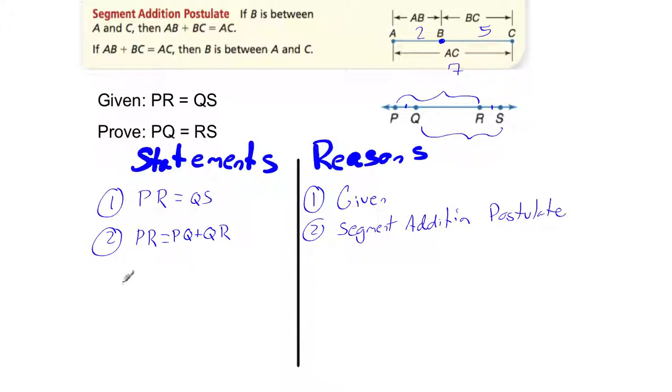And actually in that same step, we could also say that SQ is equal to QR plus RS, or RS plus QR, because here we have this SQ, or QS, is equal to QR plus RS.